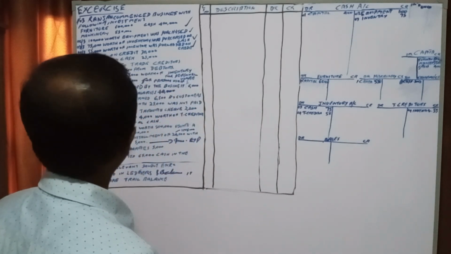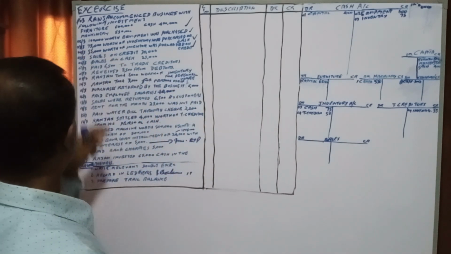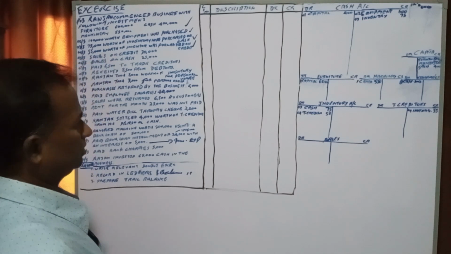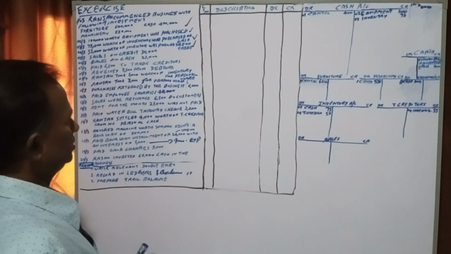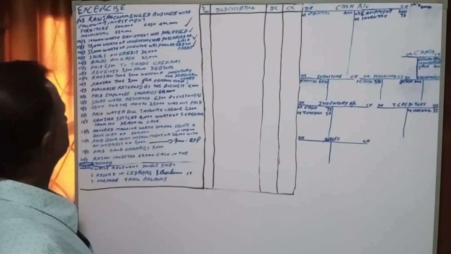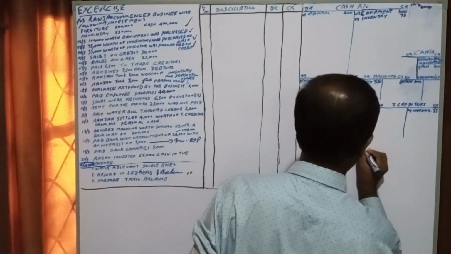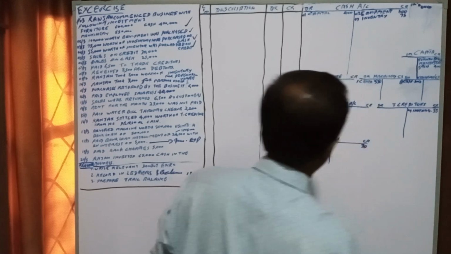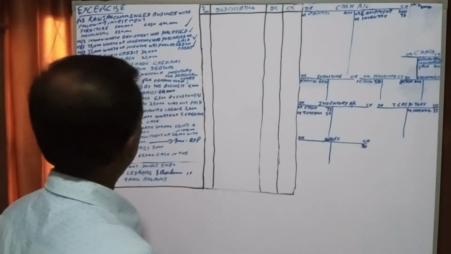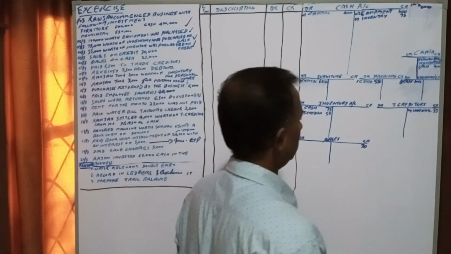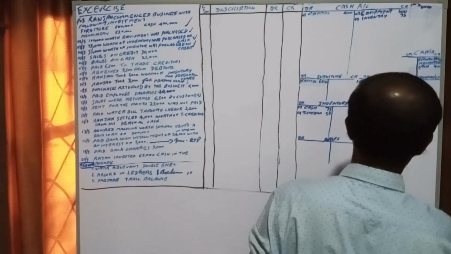So what the fifth transaction says is sales on credit basis. Sales is the revenue. When sales take place, it has to be credited, 30,000. And the connected other account is trade debtors.